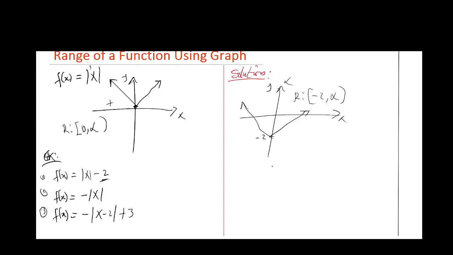Now, let's take the second one where the function is negative. Simply the graph will open downward. The curve V shape will open downward, so we have this.